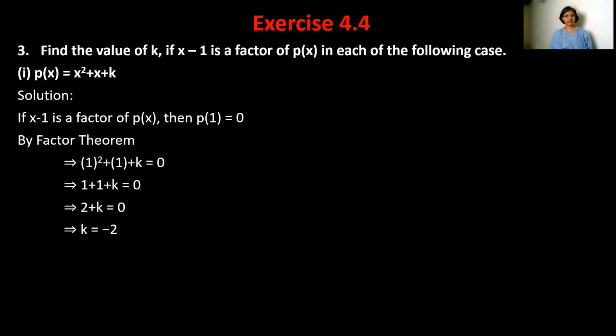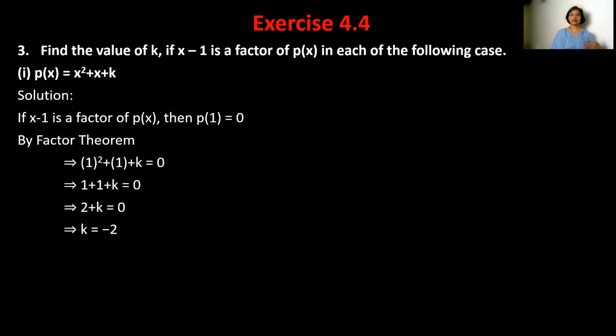Now question number 3. Question number 3 says, find the value of k if x minus a is a factor of p(x) in each of the following cases. Here in every section we have a different polynomial expression, and we have to find the value of k under the condition that x minus a is a factor of p(x).